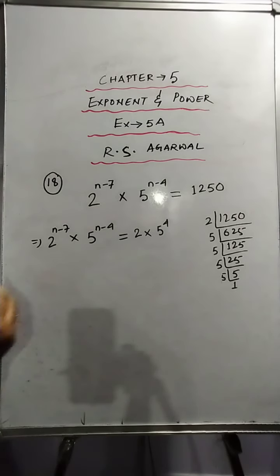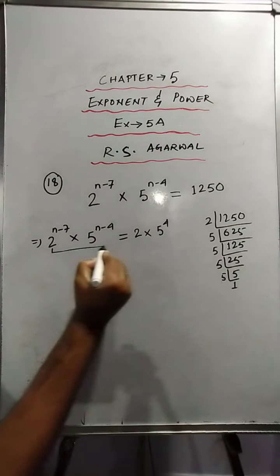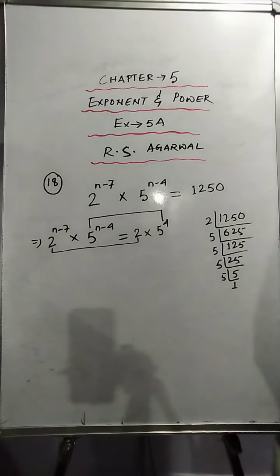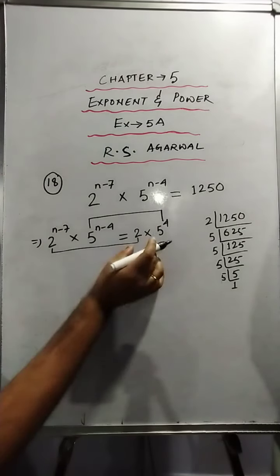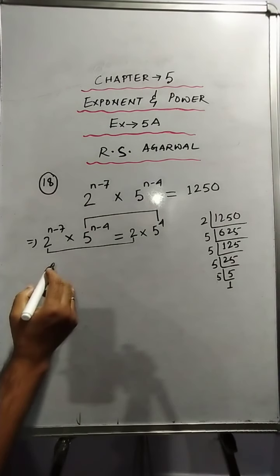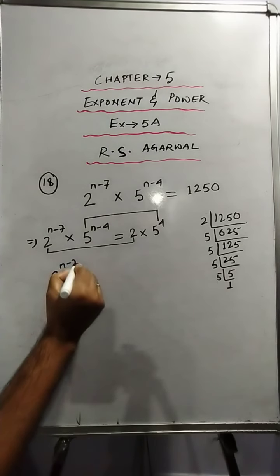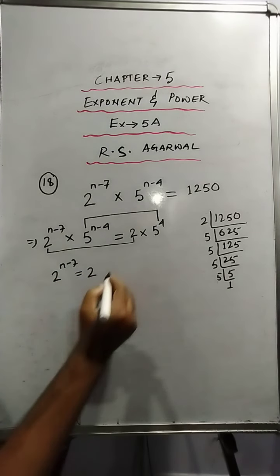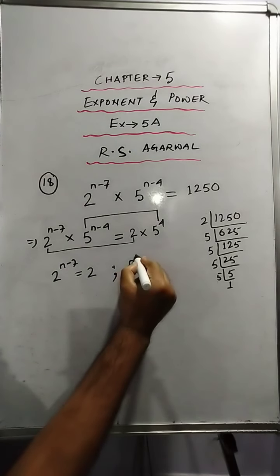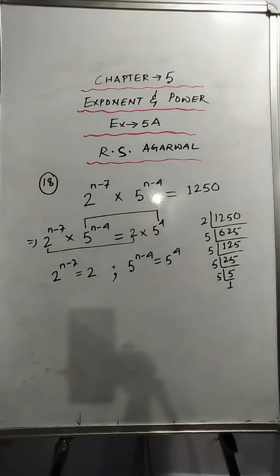So now we'll compare this part with this one, and we'll compare this part with this one. If we compare this 2 with this 2, what will we write? 2 to the power n minus 7 would be equal to 2. Similarly, what will we write? 5 to the power n minus 4 is equal to 5 to the power 4.